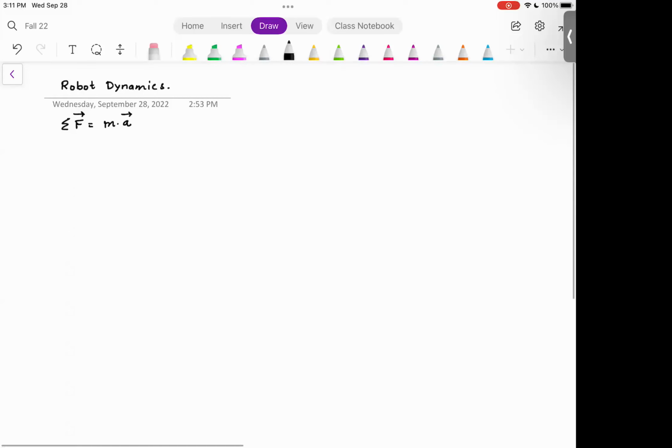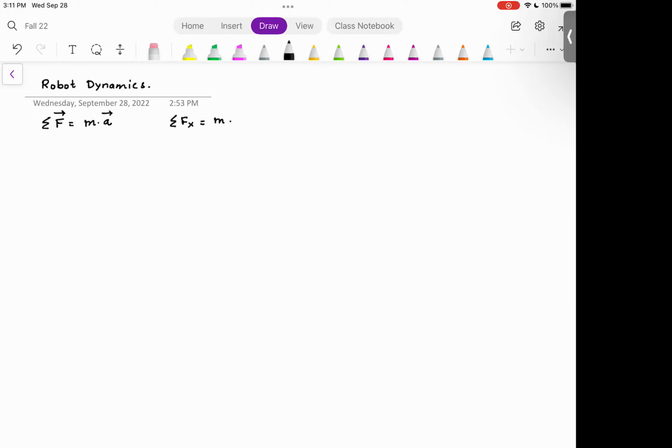So this expression can be simply written as summation of forces in x direction is equal to mass, mass is the same in each direction, multiplied by acceleration in x direction. Summation of forces in y direction is equal to mass times acceleration in y direction. Summation of forces in z direction is equal to mass multiplied by acceleration in the z direction.